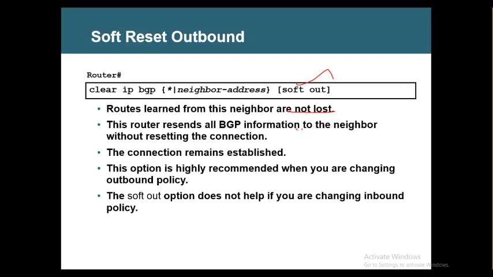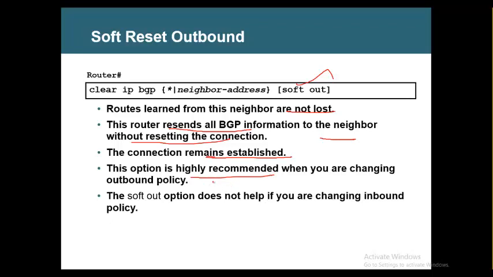This router will simply resend the information once again without resetting the connection. The connection will remain established, uninterrupted. This option is highly recommended because there is no disturbance cost to the routes.